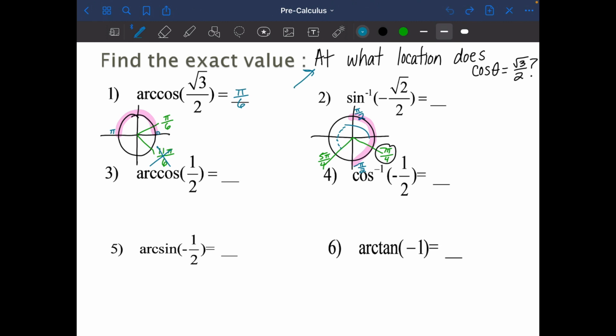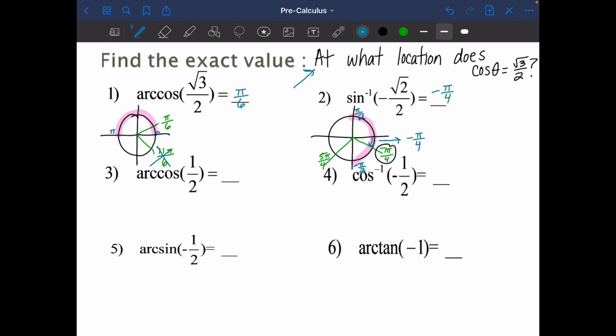What we have to do is start at our initial side and go directly to that angle. So to get from 0 down to 7 pi over 4, that would be negative pi over 4. And now we're within bounds. Sine is from negative pi over 2 to pi over 2. You've got to really make sure we're not going out of bounds and then coming back in. So the answer here is negative pi over 4. So watch out for the sine ones.